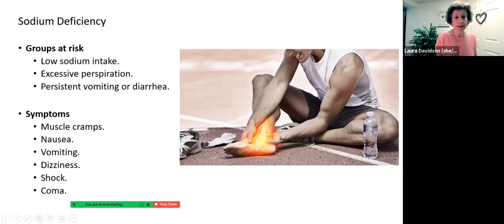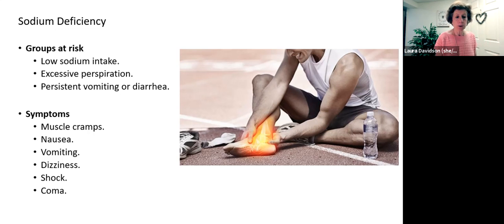More frequently, it's due to excessive perspiration. Some individuals not only perspire a lot because of their work or their sport, but also lose a lot of sodium in their perspiration. Many years ago, I was told, if your sweaty t-shirt dries and you see this powdery residue, you're a heavy sodium sweater and you need to make sure that you attend to this.